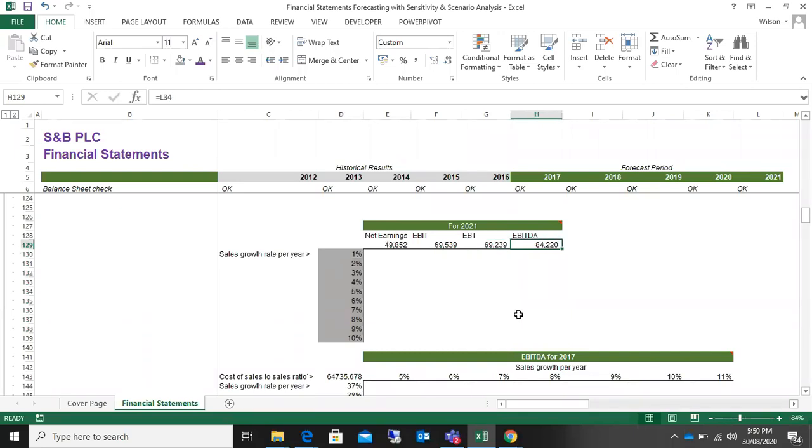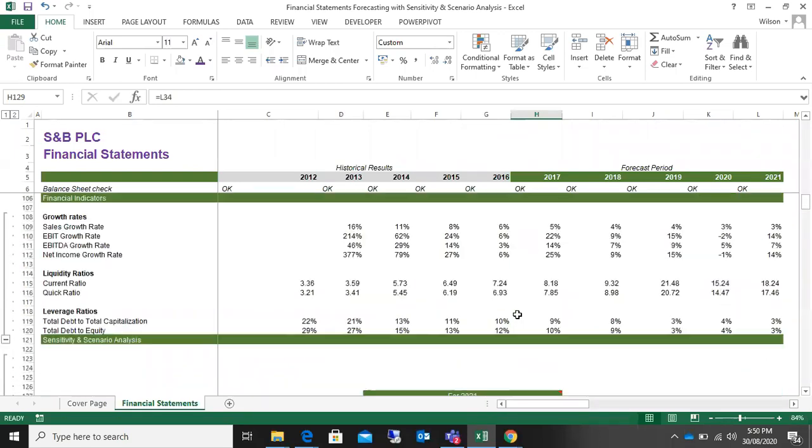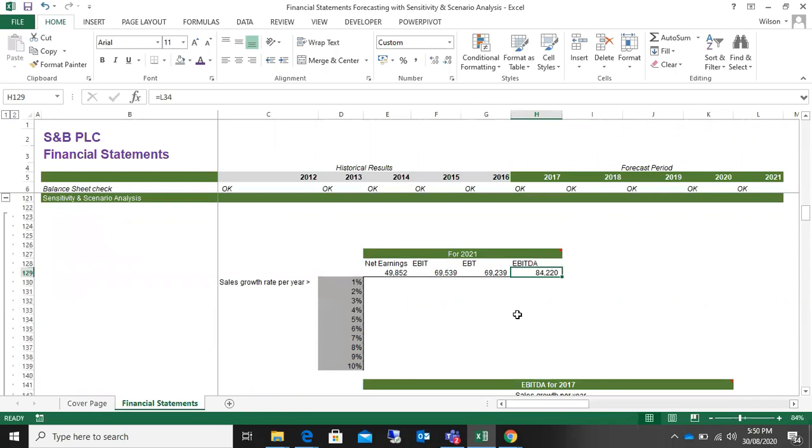Now, let me give you a scenario. Assuming you are the financial analyst of S&B PLC, and your CFO asks you, Wale, can you please give us a sensitivity analysis? Your CFO tells you, we are projecting that for 2021, we are looking at different growth rates between the range of 1 to 10%, right?